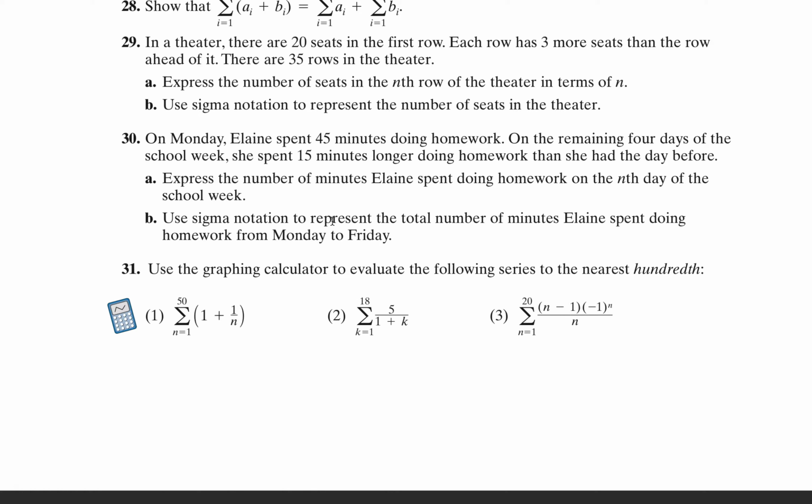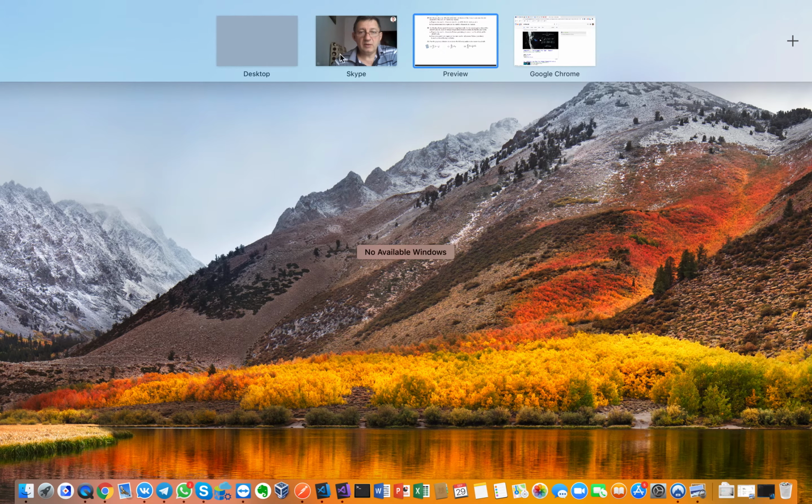The first term is 45 and the last term is 105. You can use this formula as we used before.